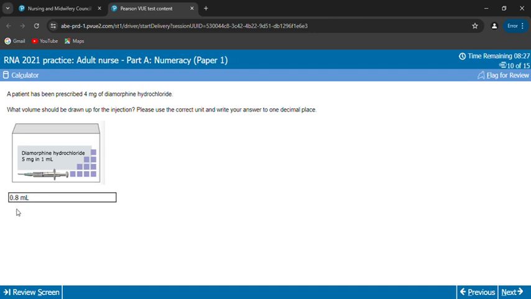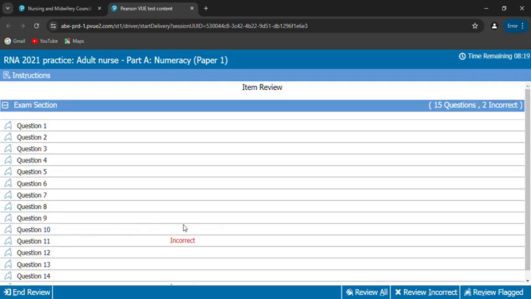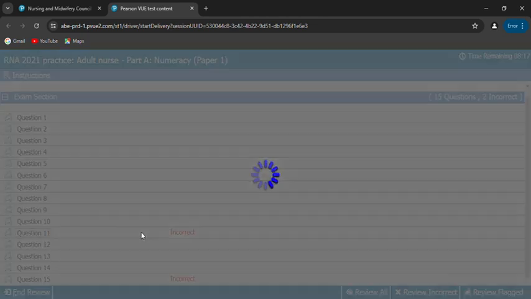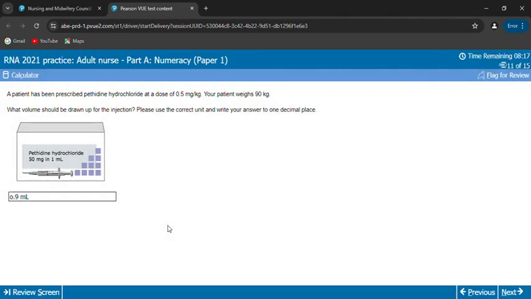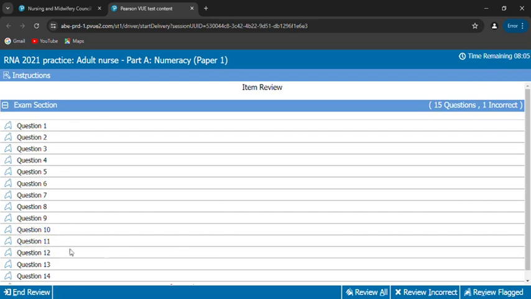The answer is 0.8 ml. If we review the screen of our 10th question again, you can see that our 10th question is correct. Then question 11, we again wrote O instead of 0. You don't have to do these things. If we review our 11th question, you can see that it is correct.